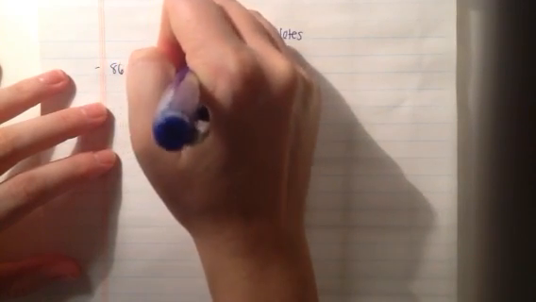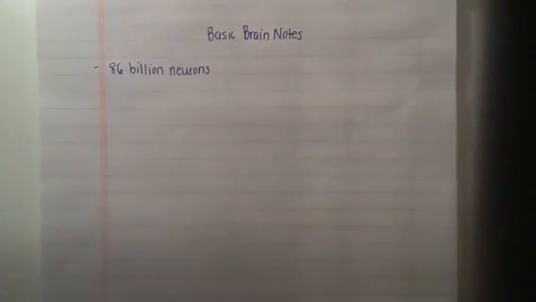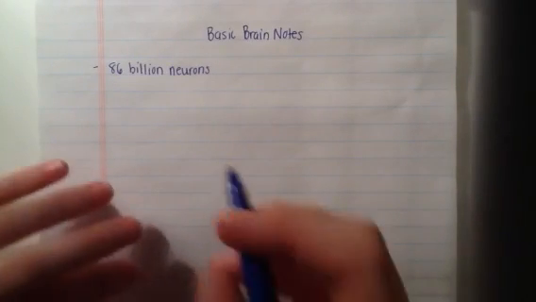And there are about 86 billion neurons that make up the brain. And no, I'm not going to ask you that number, but I just want you to think about how structure is going to lead to the function. There's a ton of neurons that's going to make up that brain tissue. It's just a cell, and when we layer cells on top of one another, we will get tissue. And 86 billion neurons are found in the brain.